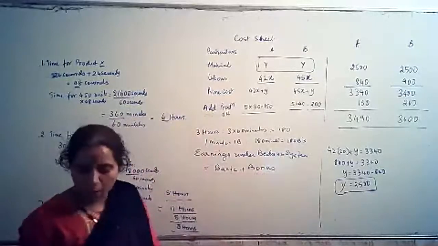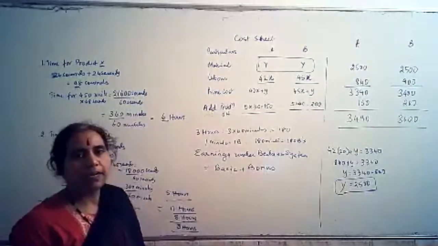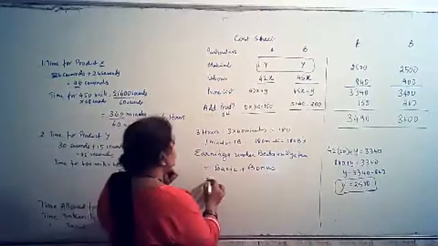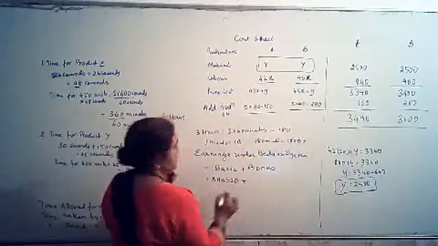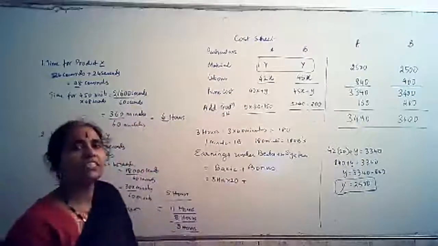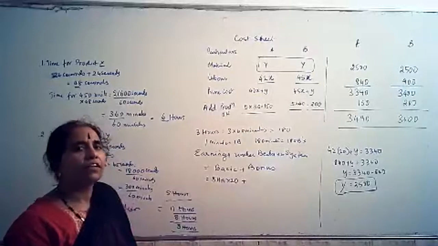What is basic? Basic is the number of hours you have worked multiplied by the rate per hour. So basic is equal to 8 hours he has worked into 20 rupees, plus bonus, which is however much time he has saved multiplied by 75%.